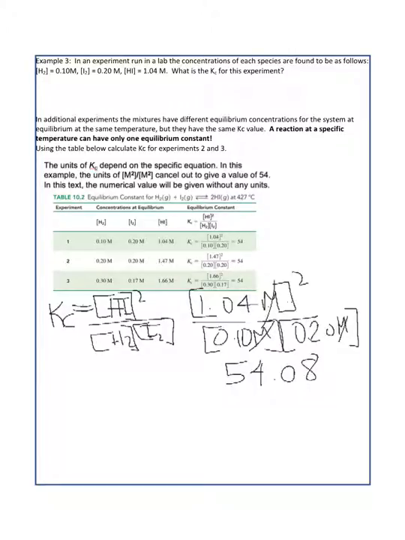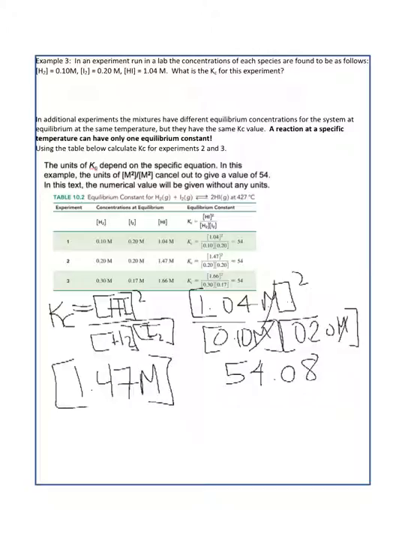Now you'll notice that this experiment was run 2 more times. So we have this table below with concentrations for experiments 2 and 3. Now they actually show you what the equilibrium constant looks like. They actually calculated it for you in the table. But we're going to do it on our own just to confirm to ourselves that this is true. So in experiment 2, the concentration of the HI was 1.47 molar.